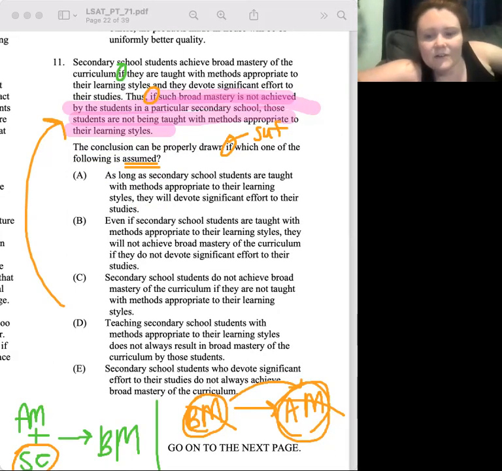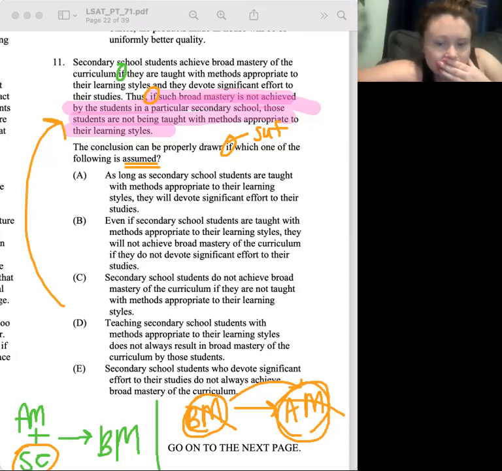All right, so go ahead and start with A. As long as secondary school students are taught with methods appropriate to their learning styles, they will devote significant effort to their studies. So that does bridge that gap.